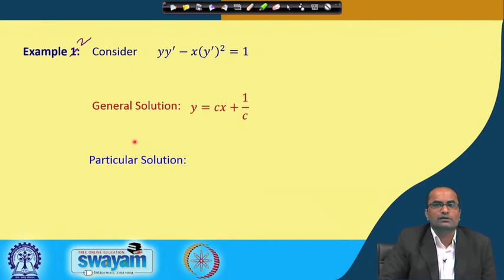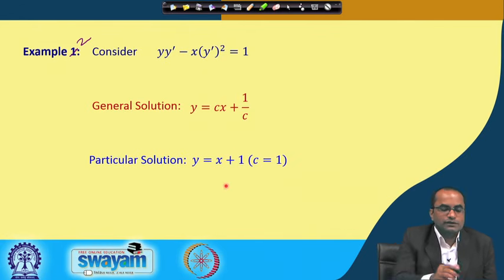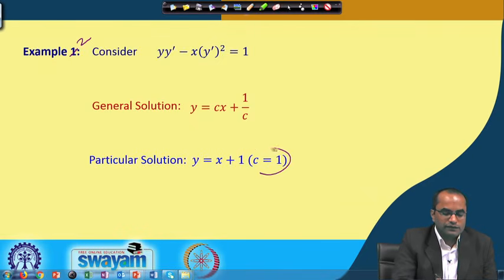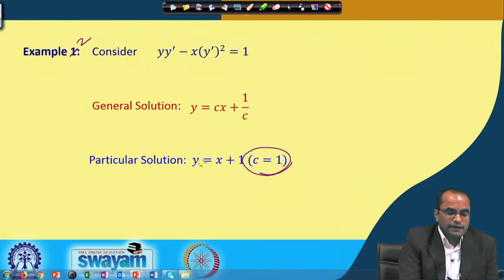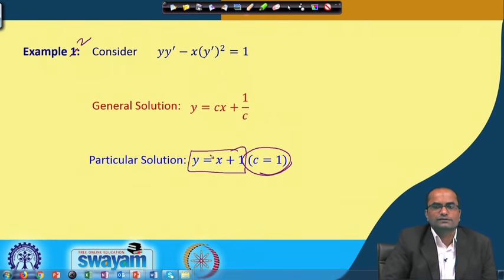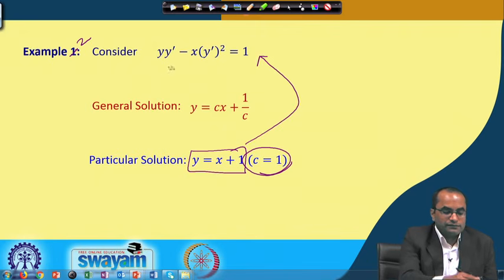That will be called the particular solution. For instance, in this case, if we take c is equal to 1, we have fixed c is equal to 1, and in that case y is equal to x plus 1. That will also satisfy the differential equation, which again one can easily see.